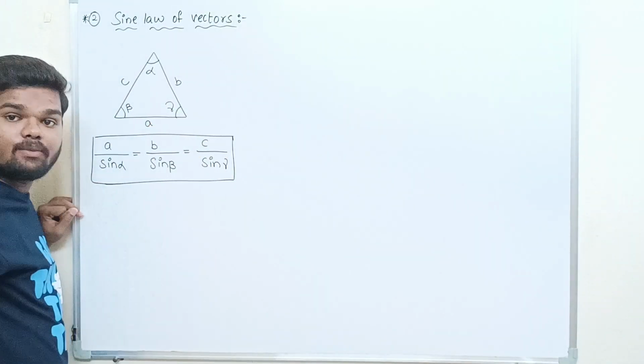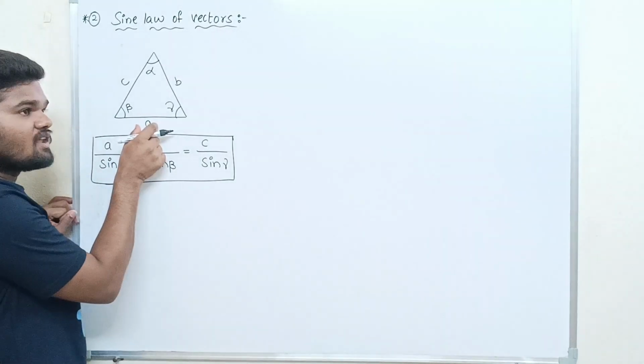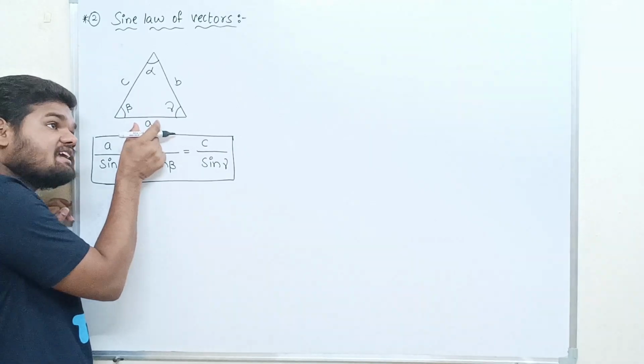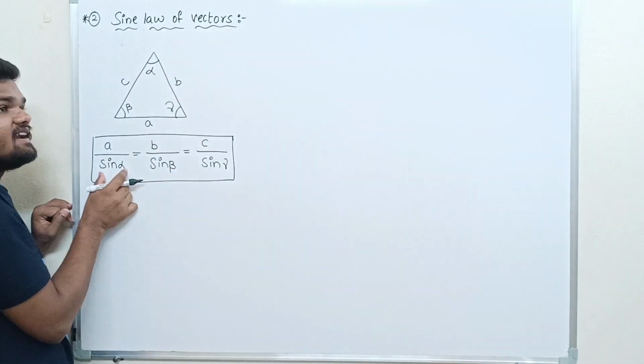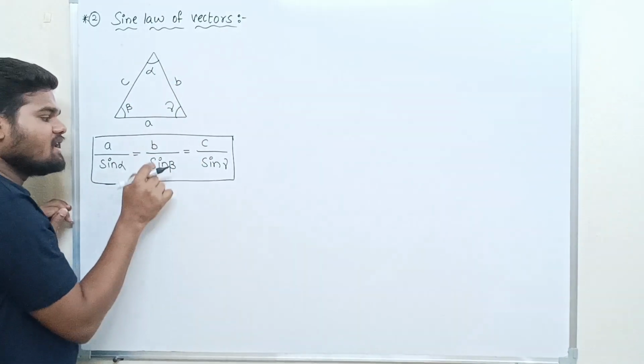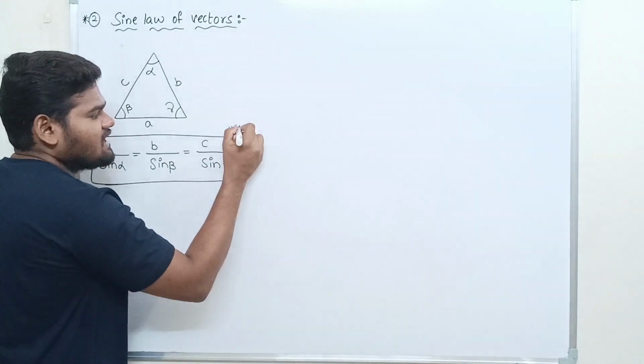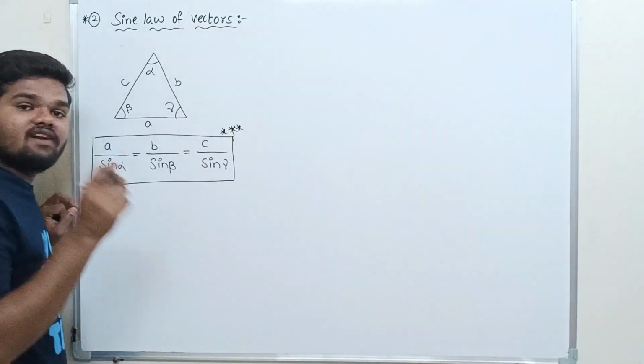Gamma, sine gamma. So, A by sine alpha, B by sine beta, C by sine gamma. So this is called what? The sine law of vectors in case of a triangle.